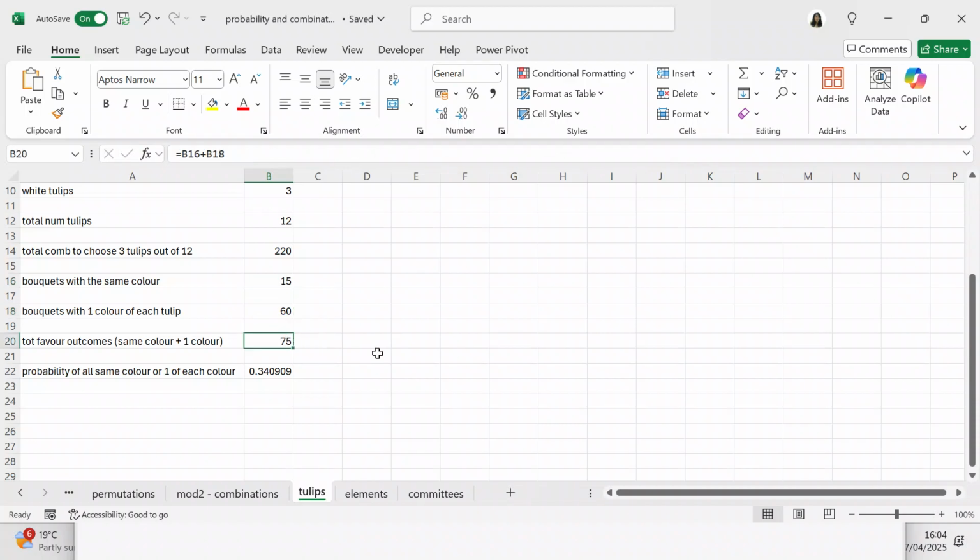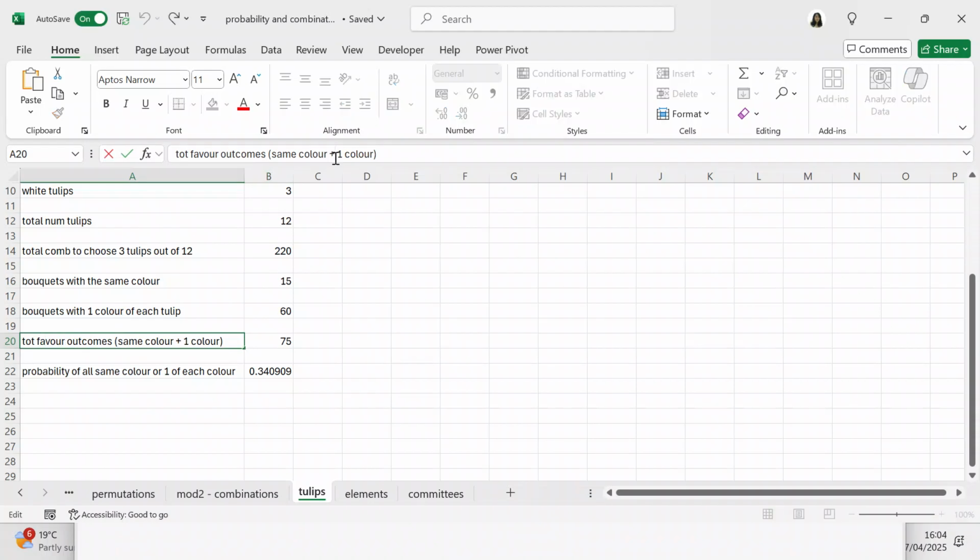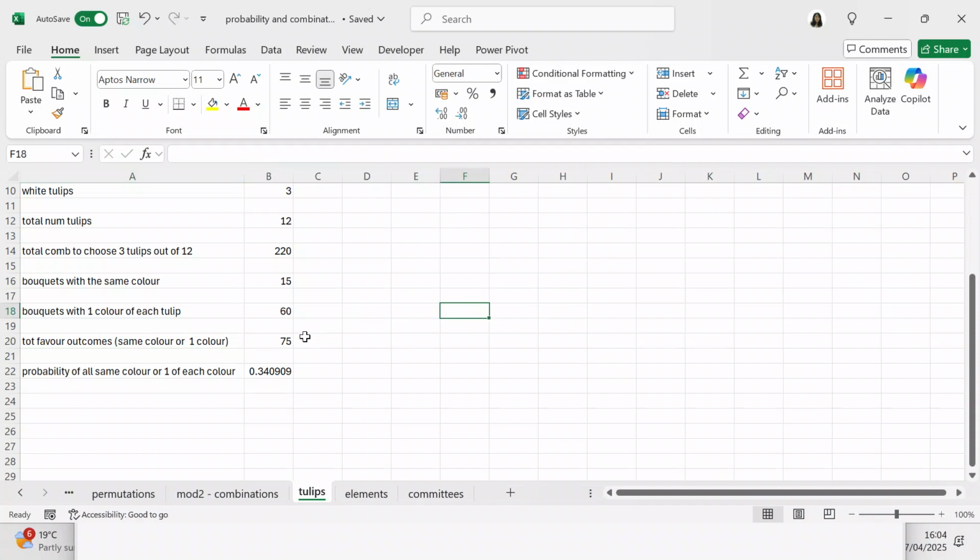And now you have the total favorable outcomes, the same color plus one of each color. So that's going to be B16 plus B18, and the outcome is going to be 75.